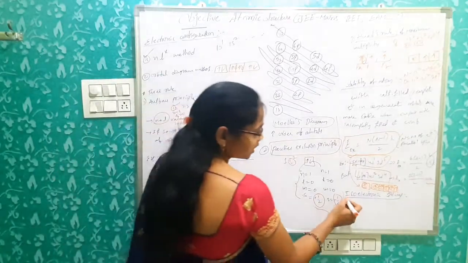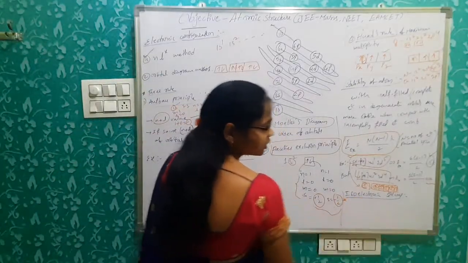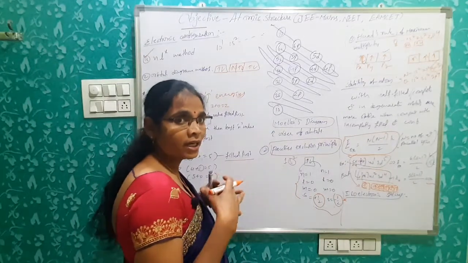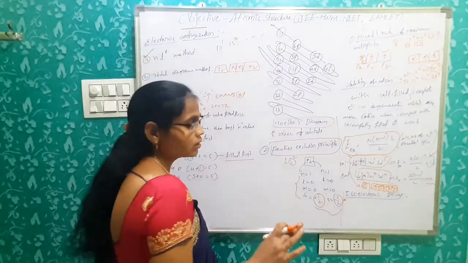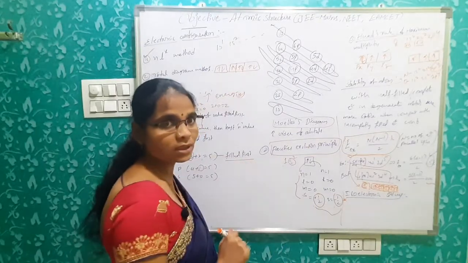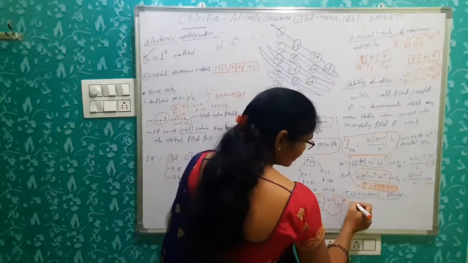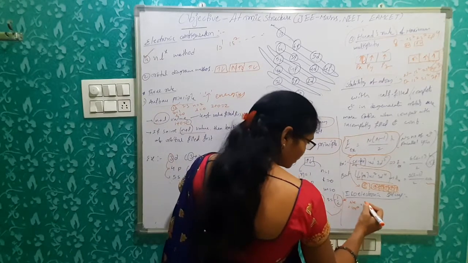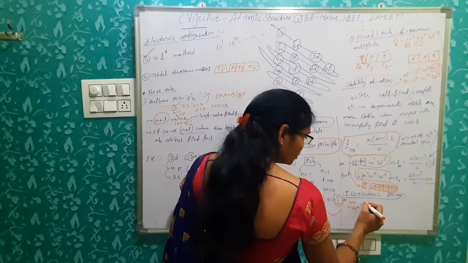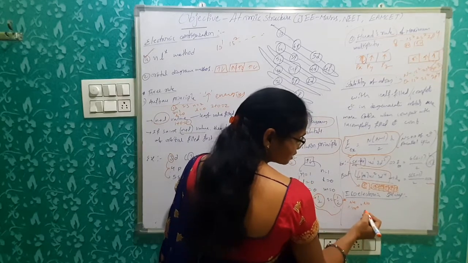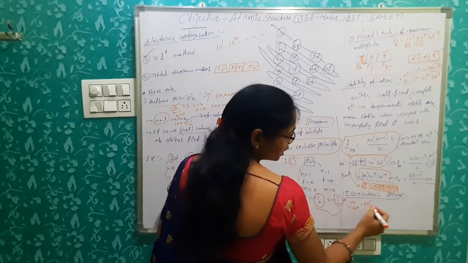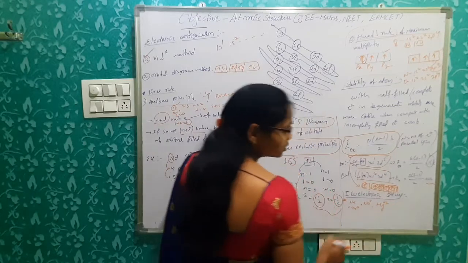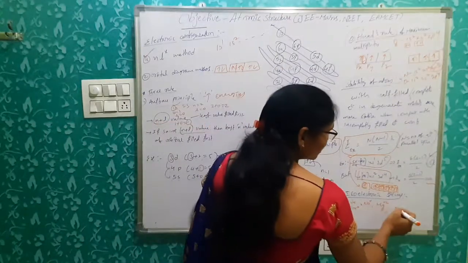Finally, the last topic, isoelectronic species. Atoms or ions that have the same number of electrons are called isoelectronic species. For example, neon has 10 electrons. Sodium has 11 electrons, but by loss of 1 electron it has 10 electrons. Magnesium has 12 electrons, and by loss of 2 electrons it has 10.